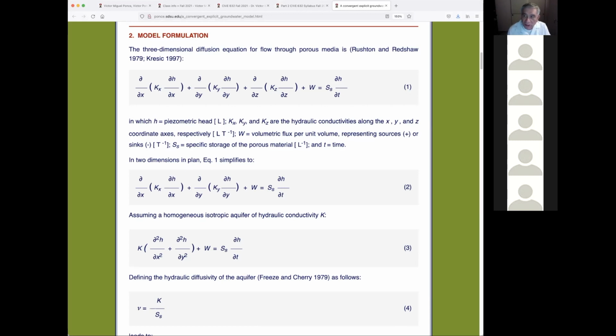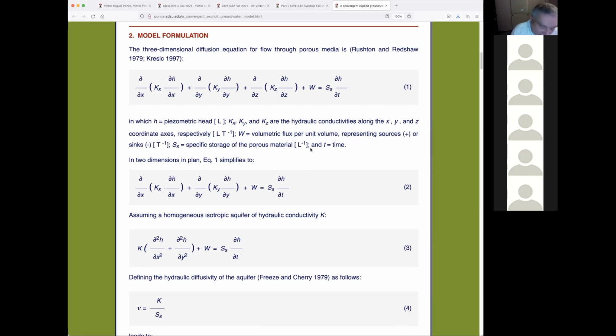In other words, rain or pumping. That's W. And S sub S is the specific storage of the porous material. That's the time factor, as opposed to the X factor. As you can see, this is a diffusion equation in 3 dimensions. It is parabolic. It's a diffusion equation. Similar to if we drop 2 terms in here, it will be the Hayami equation, kind of roughly.